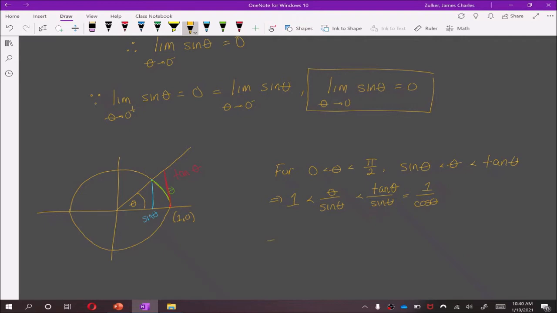What we now do is take the reciprocal of everything in the inequality, and once again, when you take a reciprocal, you're flipping the inequality, so we can write cosine of theta is less than sine theta over theta, which is less than 1.